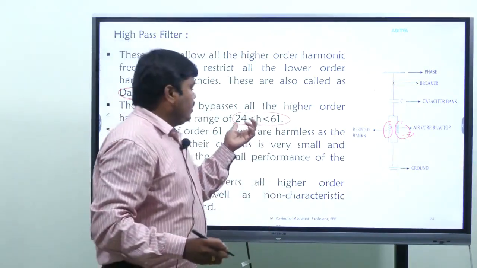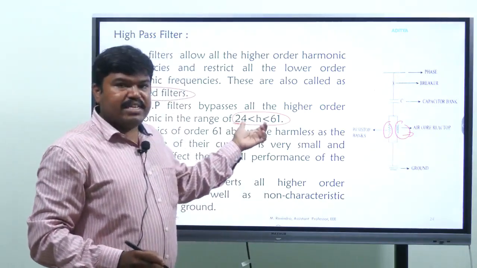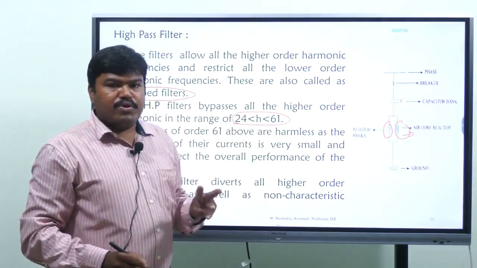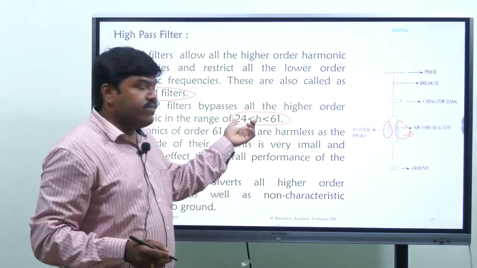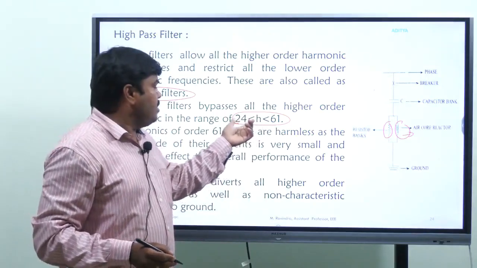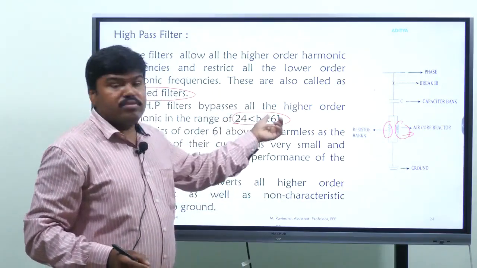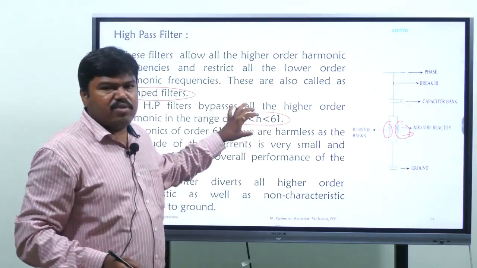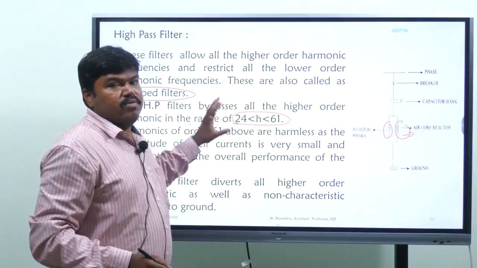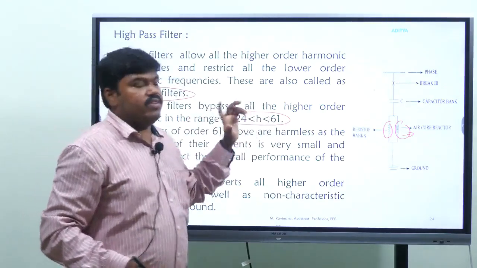That means it does not allow the third harmonic to the 19th harmonic, the 17th harmonic, up to the 21st harmonic. It allows only from 24 to 61 harmonics. This is what we call a high pass filter.